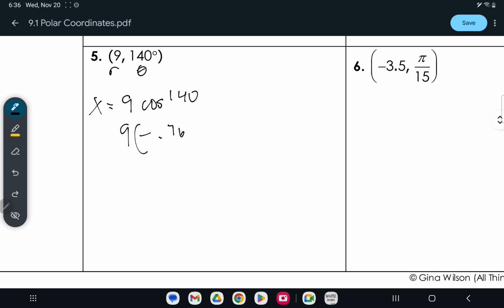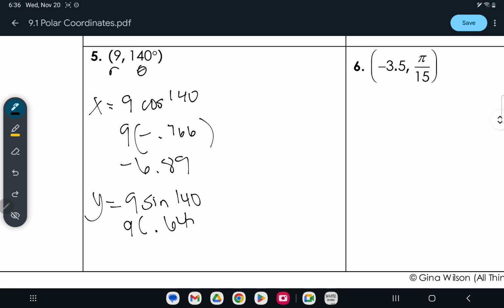Negative 0.766, which gives x to be negative 6.89. Y is 9 sine of 140. Sine of 140 is 0.6428. So that gives me y of 5.79. So negative 6.89 and 5.79.